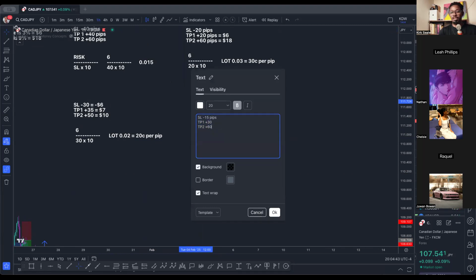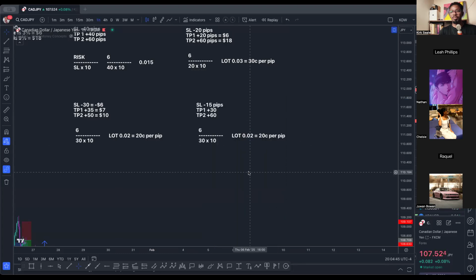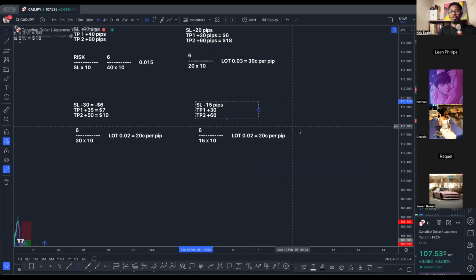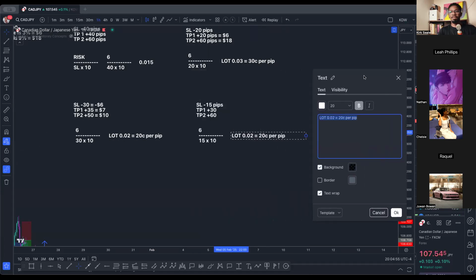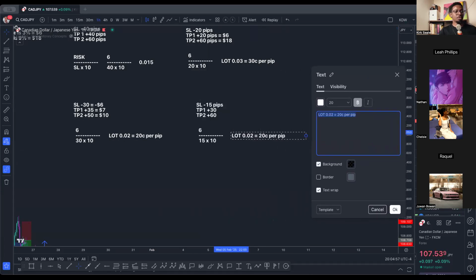And then we're going to make take profit two 60. If anybody was working ahead, let me know what your lot size would be for this trade. Let me know the lot size and the value of the lot size in cents. Remember, the risk didn't change. The risk is still 6.